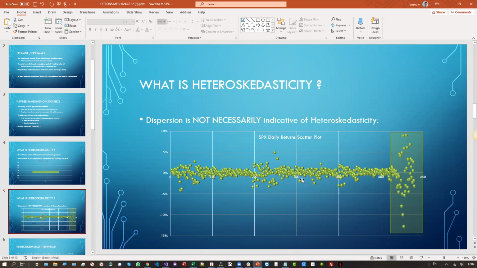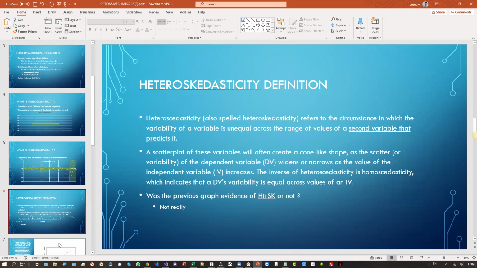Now, how do we define heteroskedasticity? Even myself, I've had to practice the word. Generally, we try and explain the dispersion with an additional variable or additional variables.